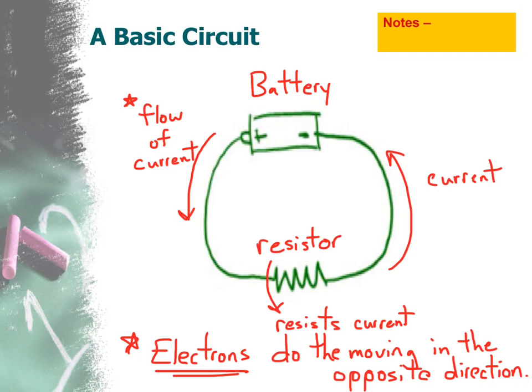If we don't have something that resists that current, then we end up short-circuiting the battery. We produce a lot of current that flows through from here to here, and that causes bad things to happen to the battery, like the battery heats up and then it corrodes. So you always want something that resists the flow of the current, and we call that a resistor.